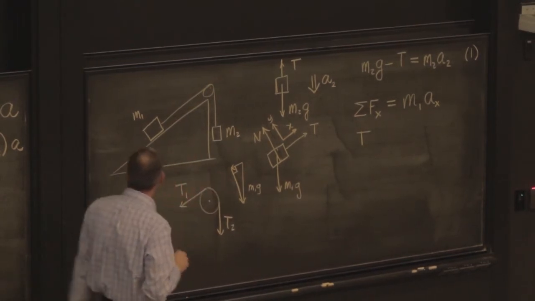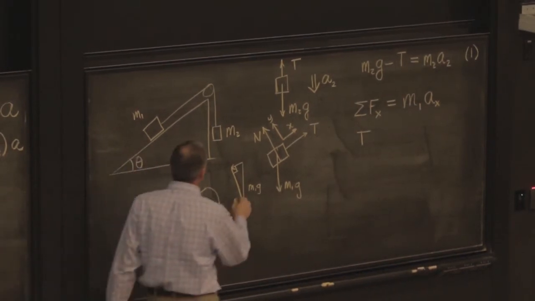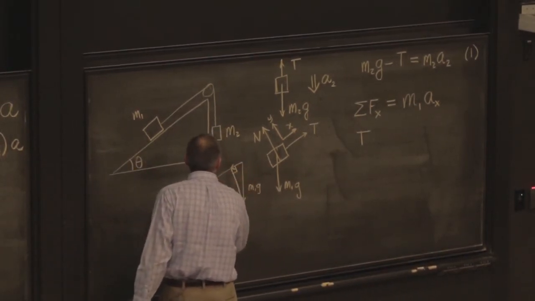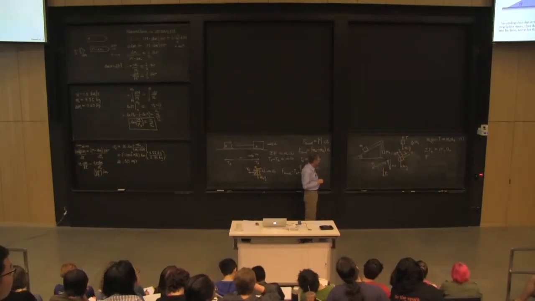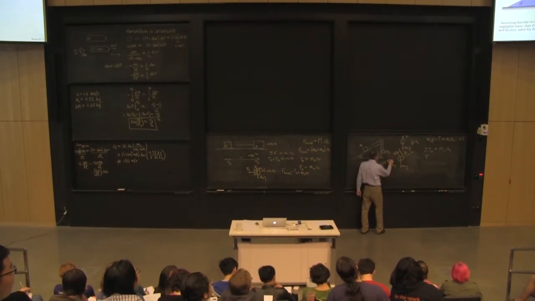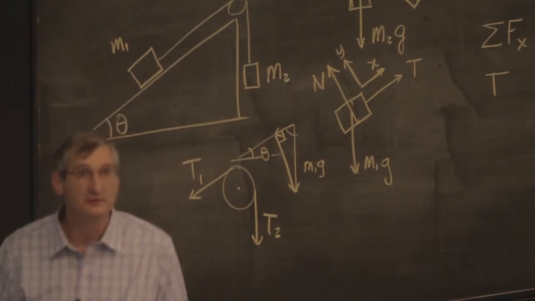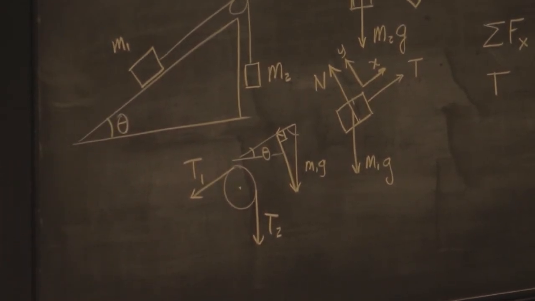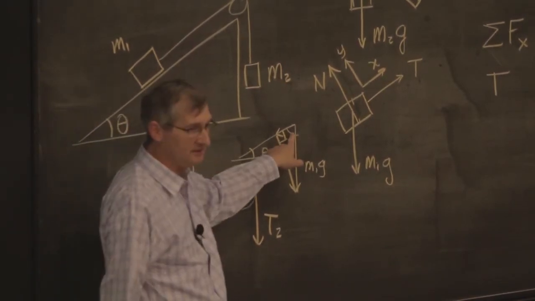And then where is my angle theta? So this direction makes angle theta. So this angle here is what? Is that called the complement? The 90 degrees minus theta would be this angle.